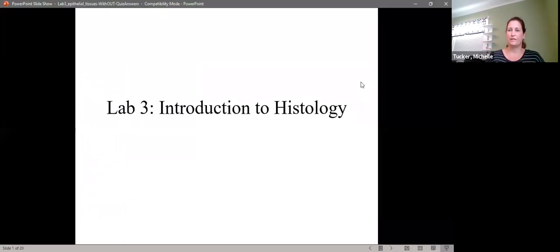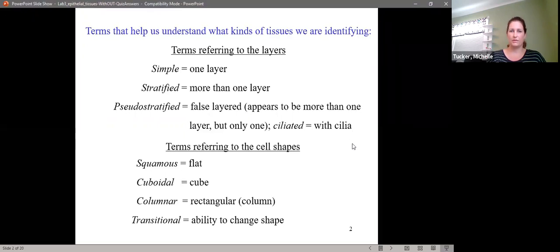So this is an introduction to histology. And so histology is the study of tissues. And as I mentioned, there are 4 major categories: epithelial tissues, connective tissues, muscle, and nervous tissue. With epithelial tissues, they are going to be in layers.